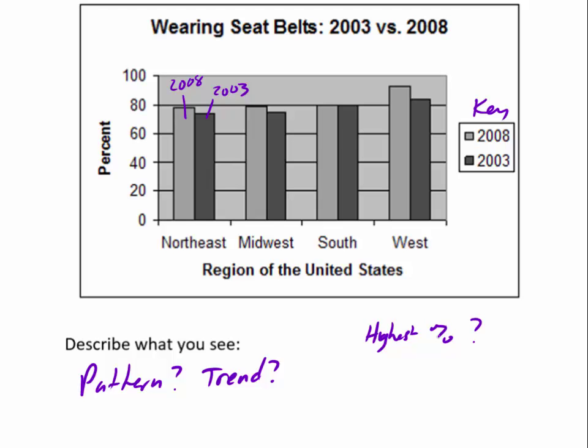Who has the highest percentage? Maybe, has anyone increased? Has it been increasing over the years? Or decreasing? Not degreasing, decreasing. Let's erase that. Decreasing.